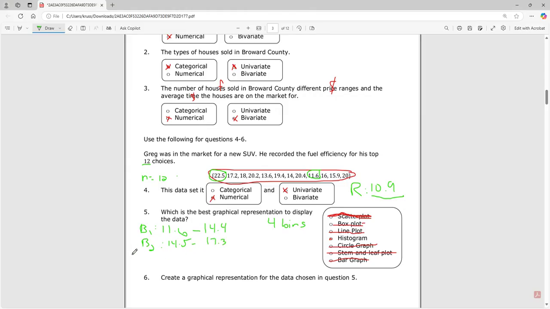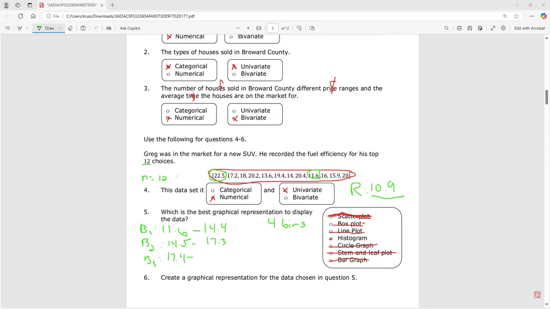Bin 2. Then bin 3 will be 17.4 all the way up to whatever 17.4 plus 2.75 is, and it's 20.15, so we're going to do 20.2.